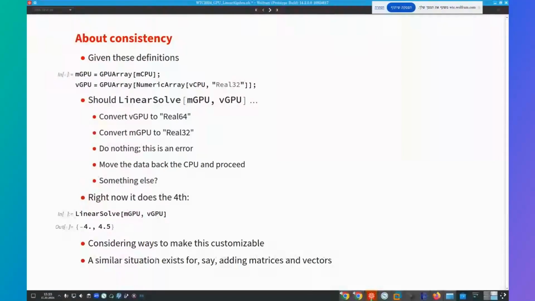I think we're pretty much all in agreement: this is Mathematica, or Wolfram Language, so we should have the Wolfram Language behavior. There are a lot of things that need to happen to make this a really polished feature, which haven't happened yet. So it remains work in progress.